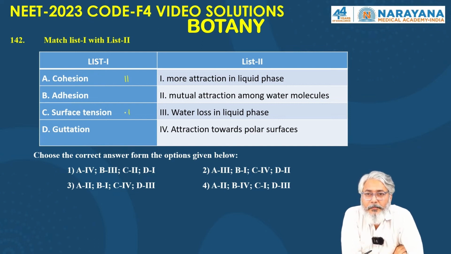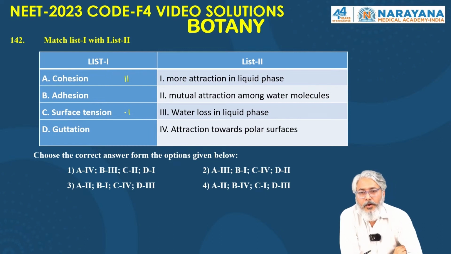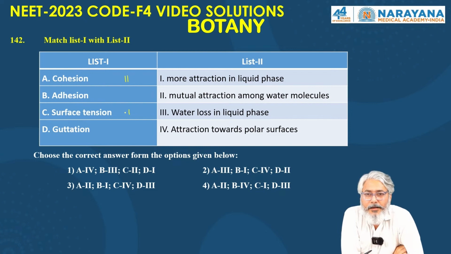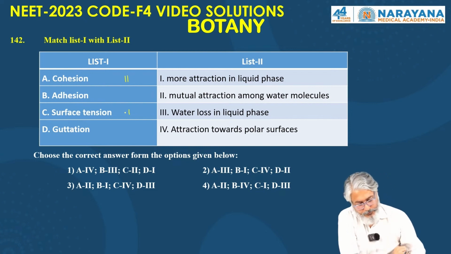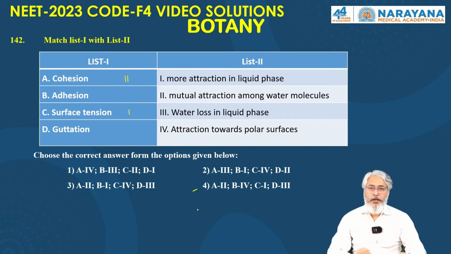Now you can combine A2, B, and come to C, C1, B4. Gradation is the water loss, that is D3. So the answer should be 4 here. So the only deciding point is surface tension, more attraction in the liquid phase.